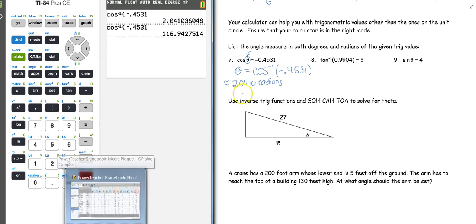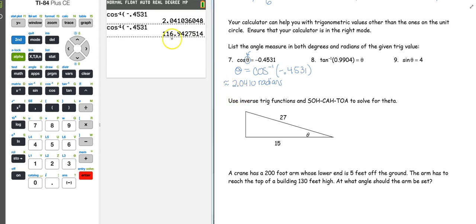I hit enter again, and it's giving me the equivalent measure in degrees. So I have two answers, 2.0410 radians and 116.9 degrees. Just like with the inverse trig from the unit circle, we give the radian and the degree answers.